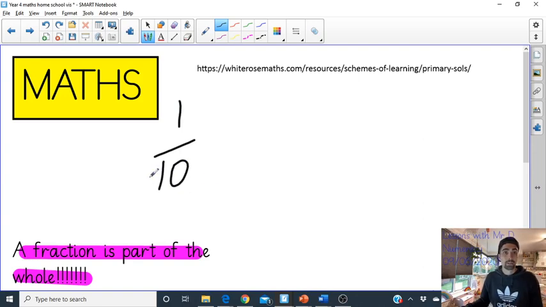The bottom number is your denominator, that's how many parts you split your whole into. The numerator shows you how many parts you have, and this line here is a fraction line, and you can treat it a bit like divide. We've divided the whole into 10 equal parts. And this here is what's known as a unit fraction, because the numerator is 1.